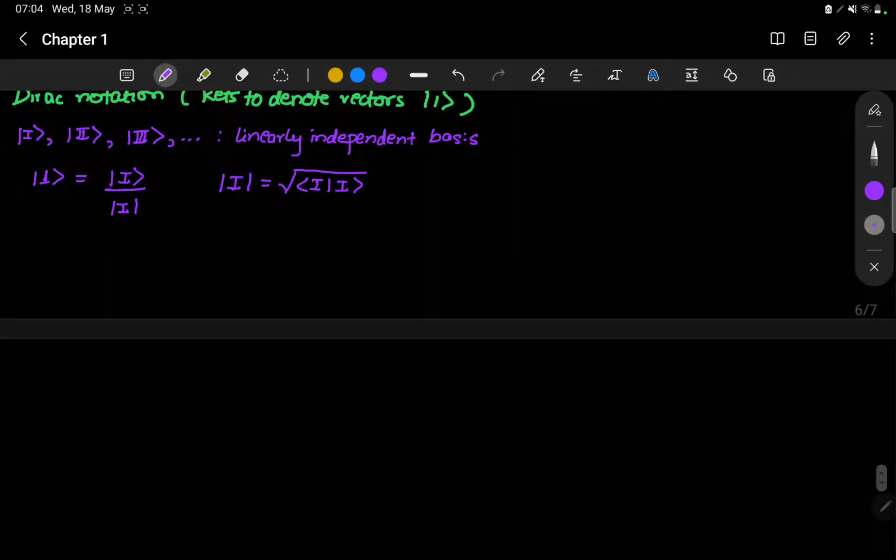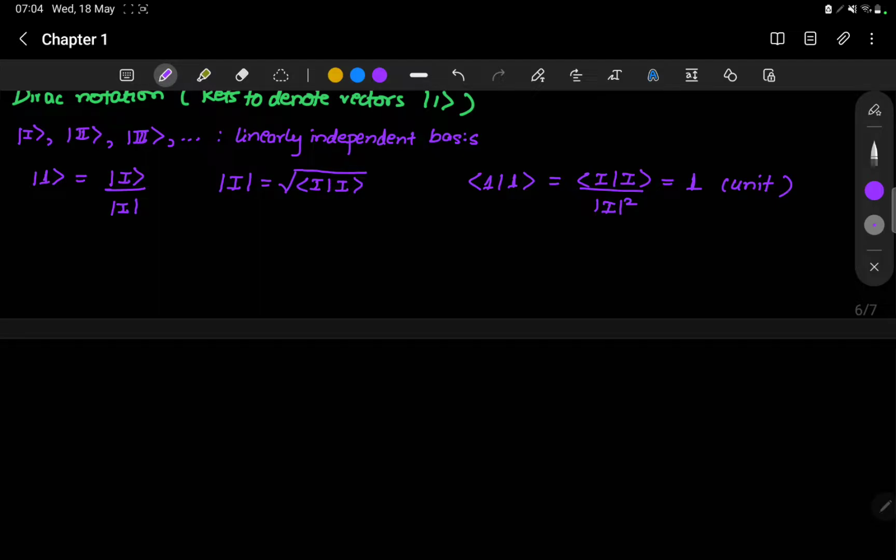Is this first vector really of unit magnitude? Yes, indeed, because if you take its projection on itself and find the length of this vector, you get this, and this clearly is equal to 1. So this means that we have a unit vector.